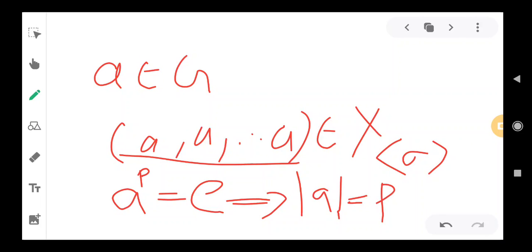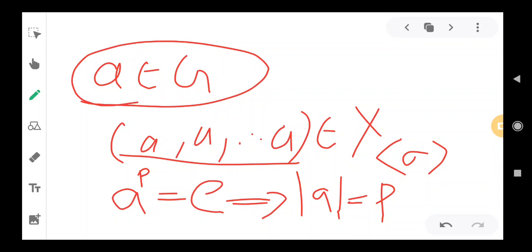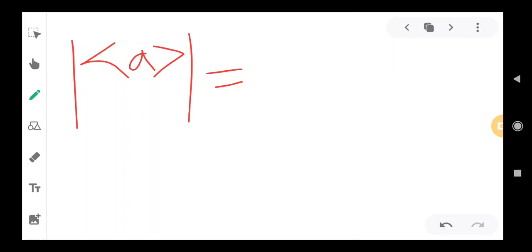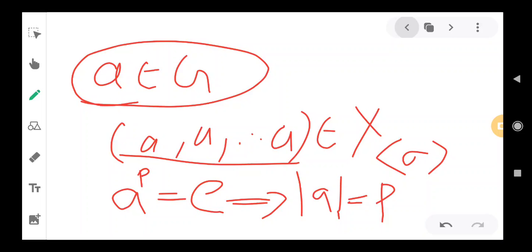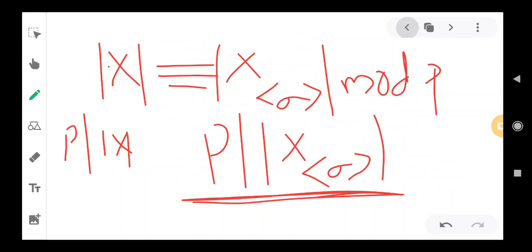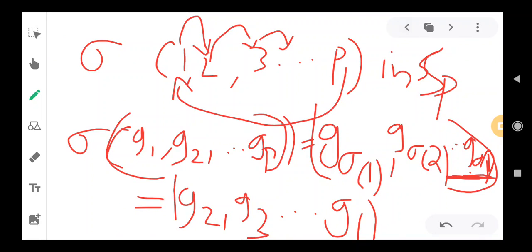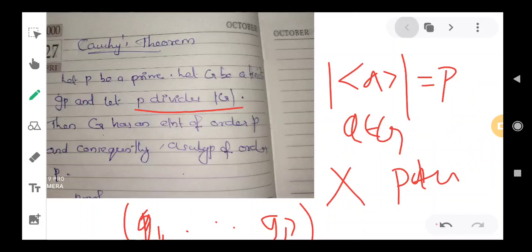Thus we have proven that there is an element a in G which has order p. Consequently, the cyclic group generated by a is of order p. So we have proven Cauchy's theorem. Hope you understood. Thank you.